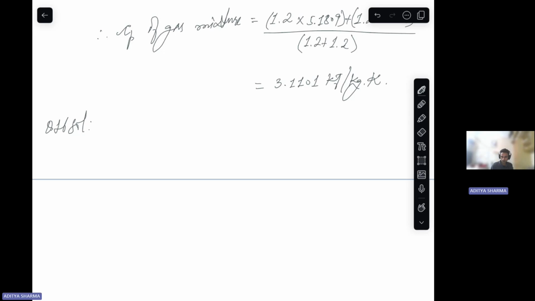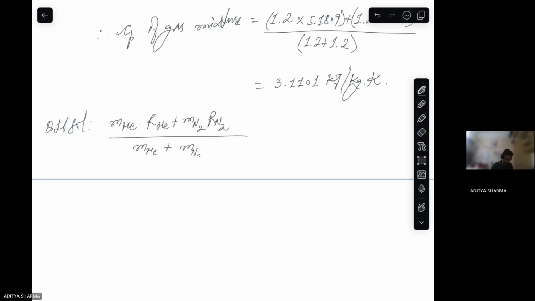So this is your mass of helium, then gas constant of helium, plus mass of nitrogen, and then nitrogen divided by mass of helium plus mass of nitrogen. So this comes out to be 1.24.